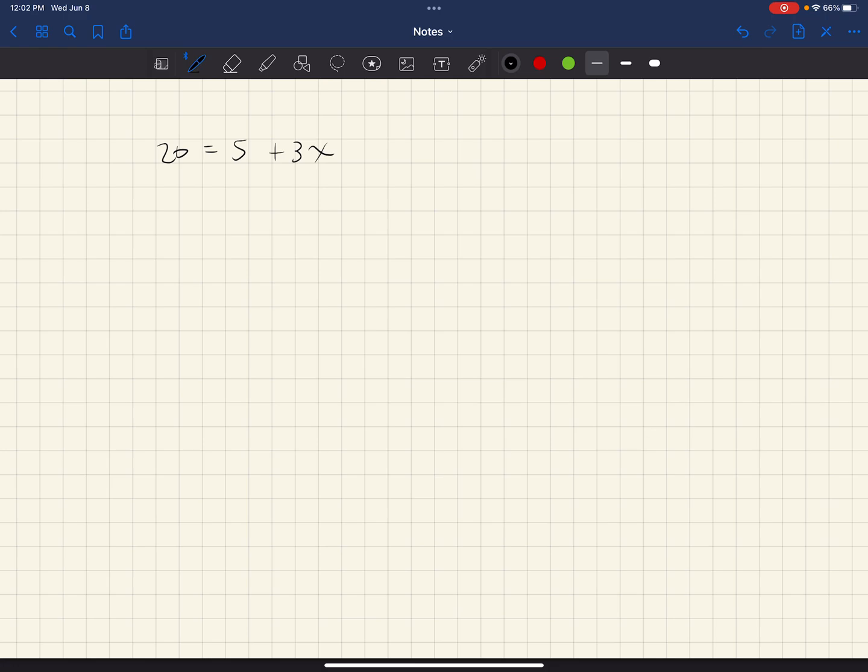So let's use a tape diagram. So that's going to be 5, and that's going to be 3 x's, right? There's 3 x's, and then plus 5, and that entire thing is equal to 20, right? So if this entire thing is 20, minus 5, 20 minus 5 is equal to what?